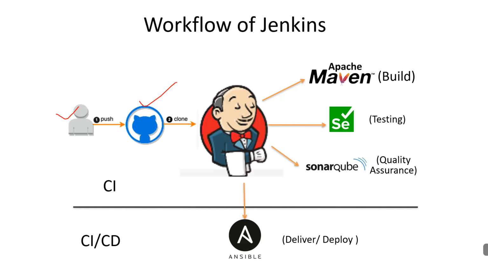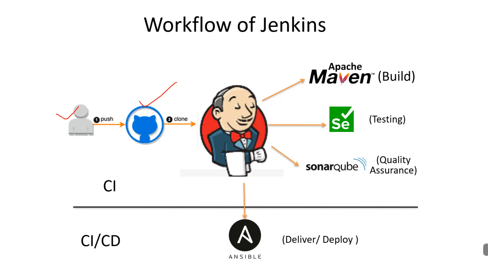Suppose our code is in Java, right? So to build the Java application, we use Maven. Then after build, it produces an artifact like a .jar or .war artifact. Then it tests, and all the process is automated, right?